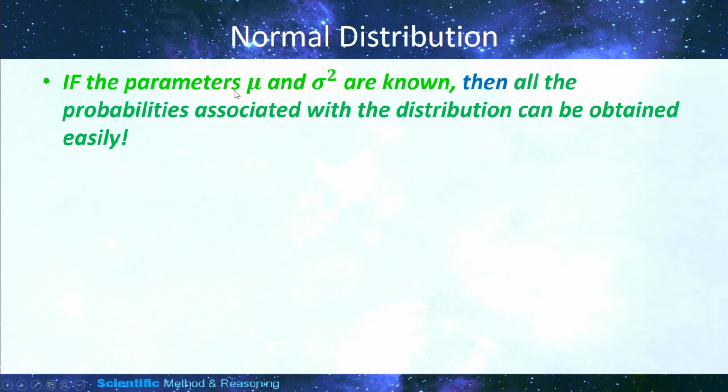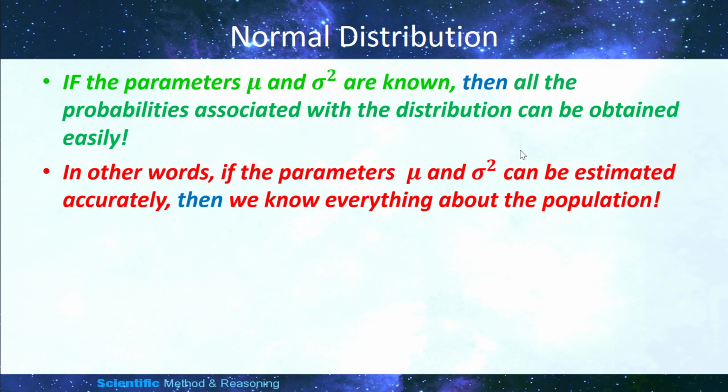Okay, that means if the parameters mu and sigma squared are known, then all the probabilities associated with the distribution can be obtained easily. In other words, if the parameters mu and sigma squared can be estimated accurately, then we know everything about the population.